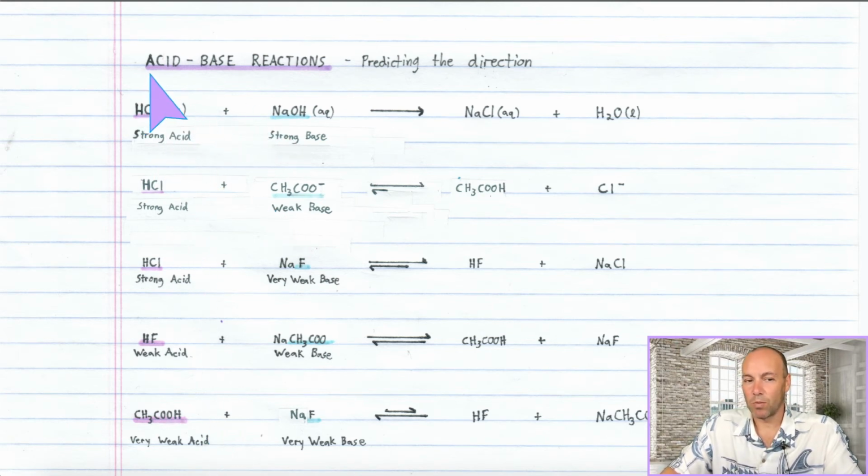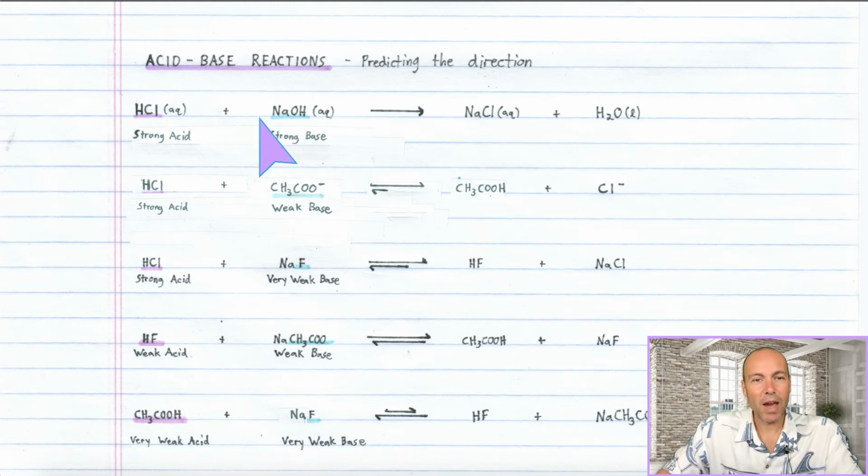So some of them will be strong acids and some of them will be weak acids. So we'll start with strong acids reacting with strong bases, and then we'll get to weaker and weaker systems.